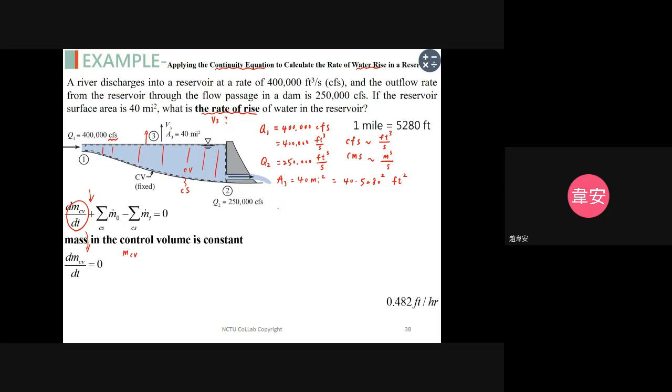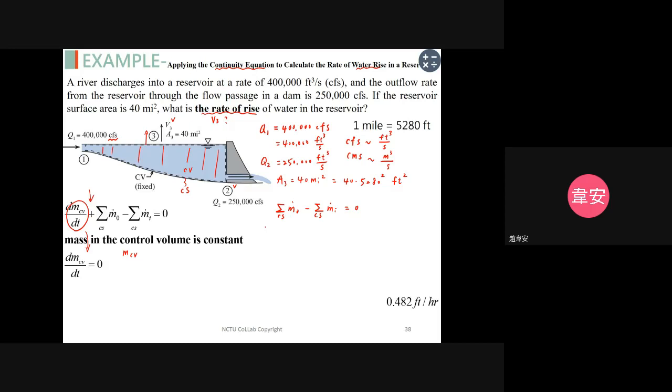So for these questions, we only need to process the mass outflow along the control surface minus the mass inflow along the control surface, equal to 0. So we just make the balance. How many outflows do we have? We have 1 and 2. They are the outflows.